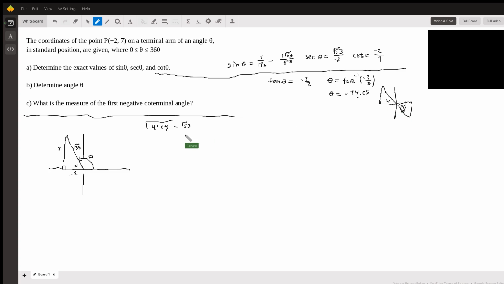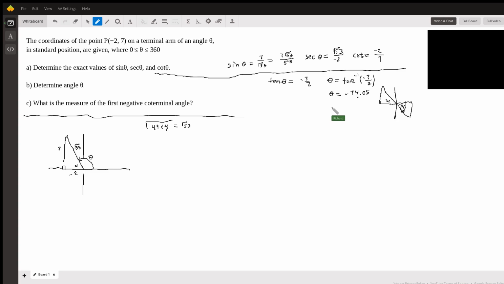And so the theta that we're after here is a positive angle. And so we'll just take 180 and add that.